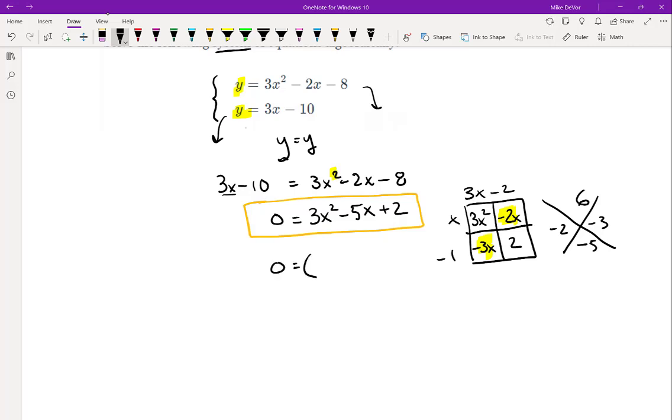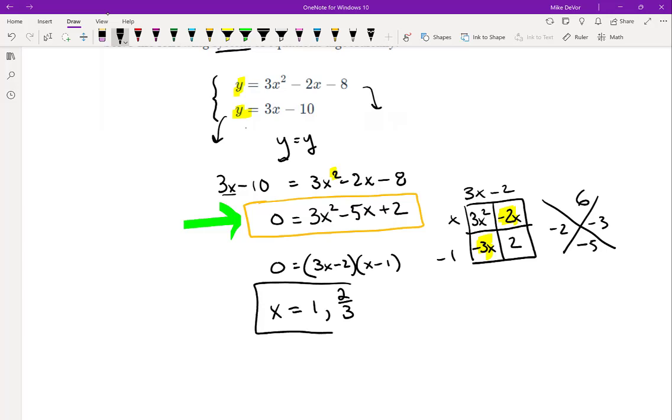So I have my two linear factors. By the zero product property, my solutions to this equation are 1 and 2 over 3.